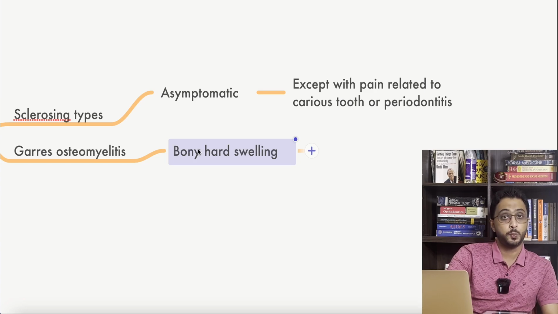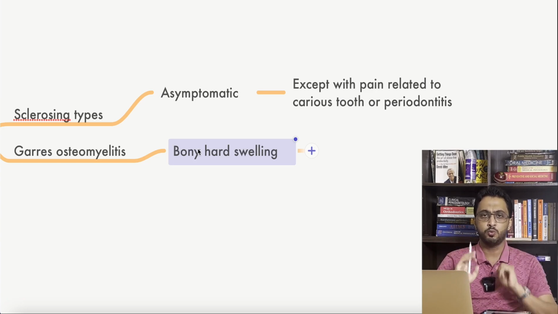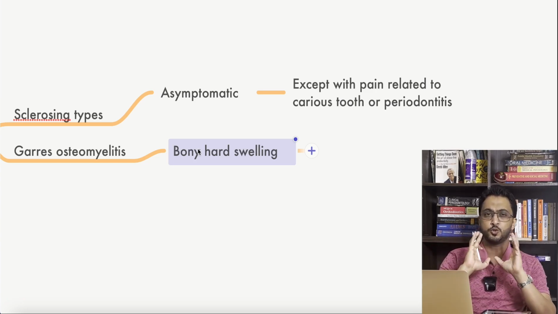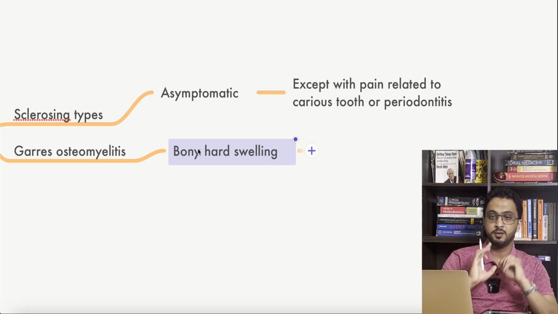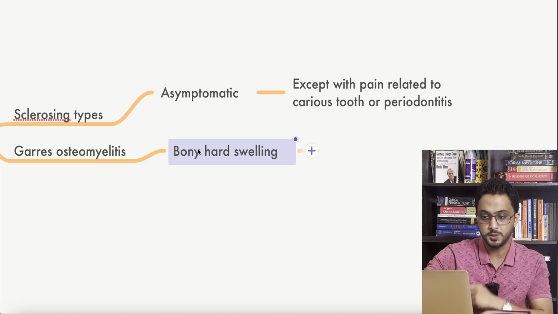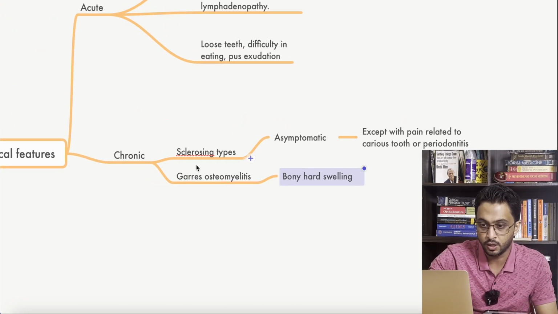You get bony hard swelling. In acute, if it's infection, the swelling is not going to be bony hard. In condensing osteitis, in diffuse sclerosing, there is no swelling. But Garre's is very typical: in a young individual, very important, there will be a bony hard swelling. Okay, so that's the diffuse sclerosing osteomyelitis.